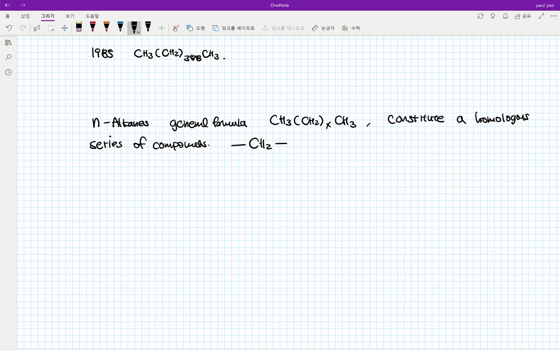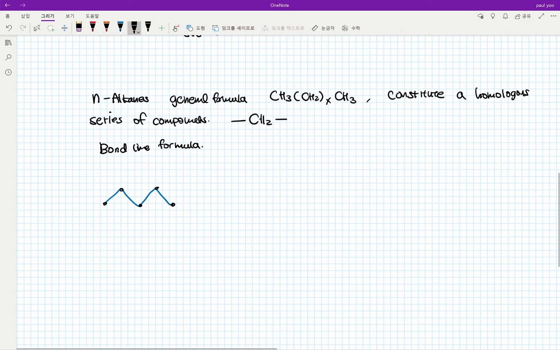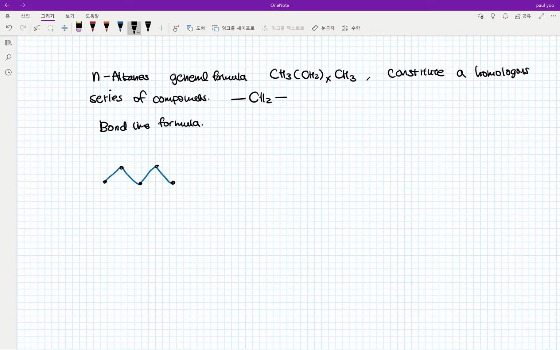And now let's talk about the bond line formula. At the end of each line is where the carbon is that we abbreviated in this bond line formula. So this actually represents n-pentane.